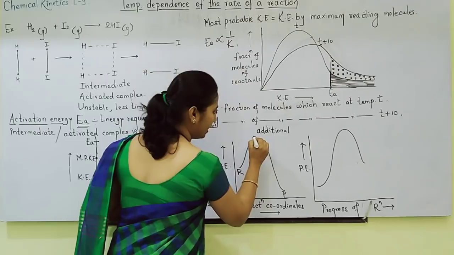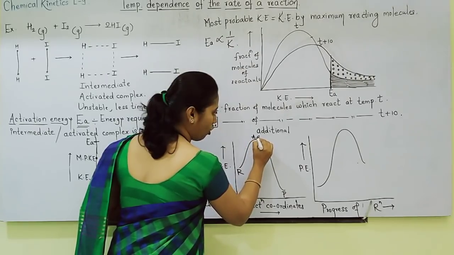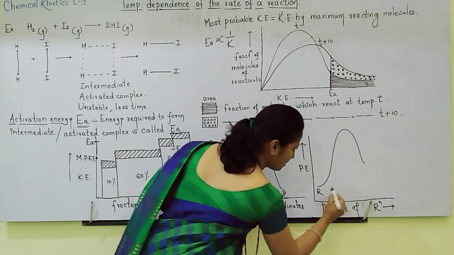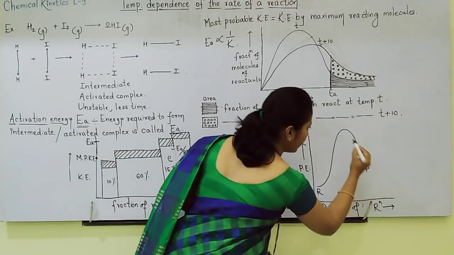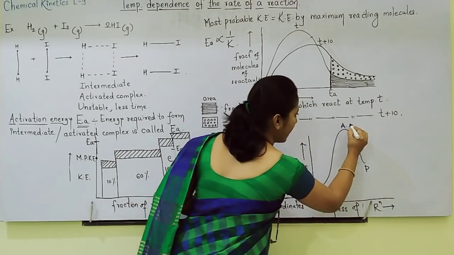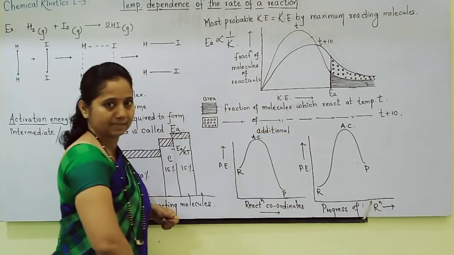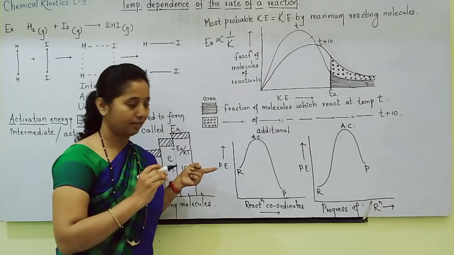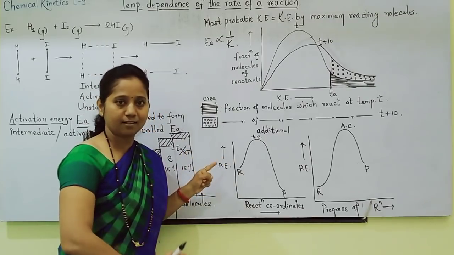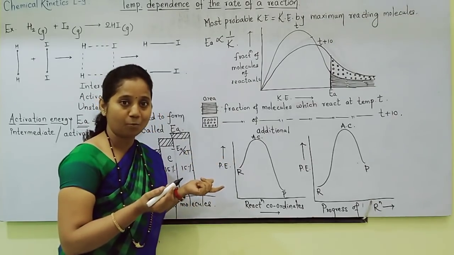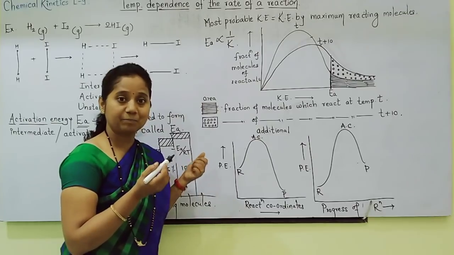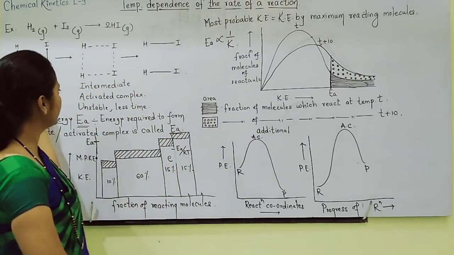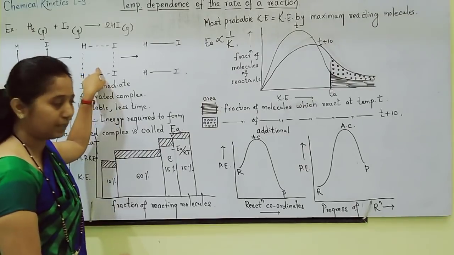Peak is called as activated complex. Here same reactants forming products. Peak is called as activated complex. Okay. They will plot the graphs and they will ask you the question. Here in this curve, which is activated complex? What is activation energy? So activation energy means what? Energy required to form the activated complex.